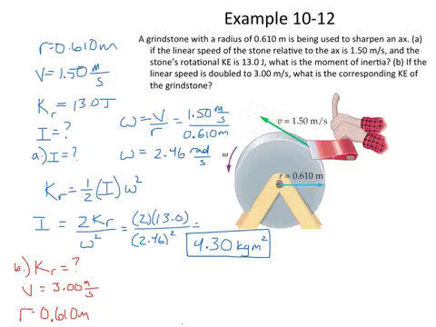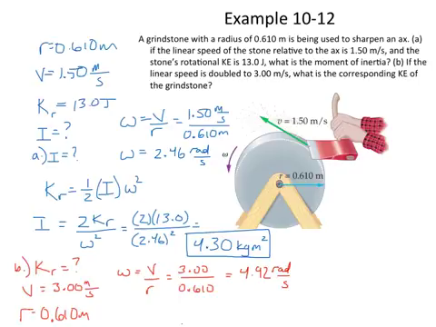So our angular velocity is going to be linear velocity divided by the radius: 3.00 meters per second divided by 0.610. And I get an angular velocity of 4.92 radians per second.